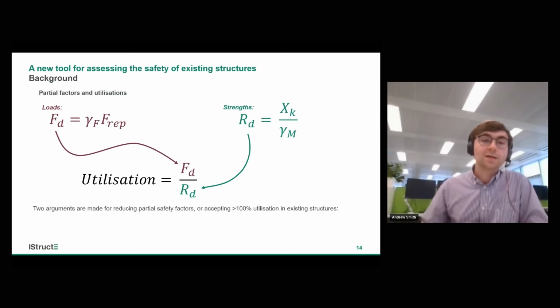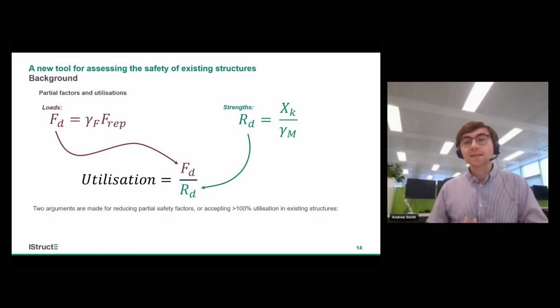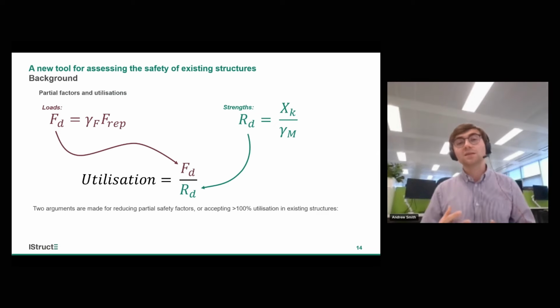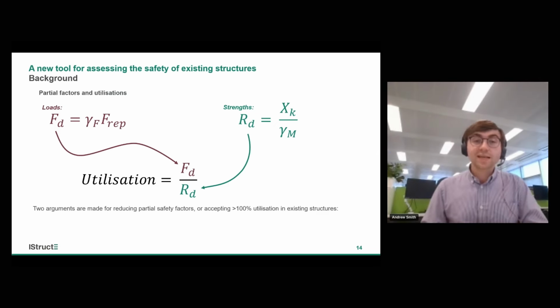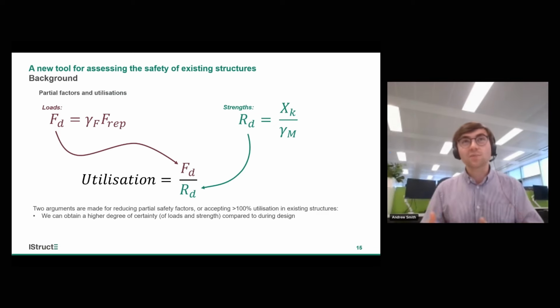Now, when we're assessing existing structures, there are typically 2 arguments that are made for either reducing our partial factors or accepting a greater than 100% utilization. And those are that it's possible to obtain a much higher degree of certainty in those existing structures associated with the loads compared to during design.